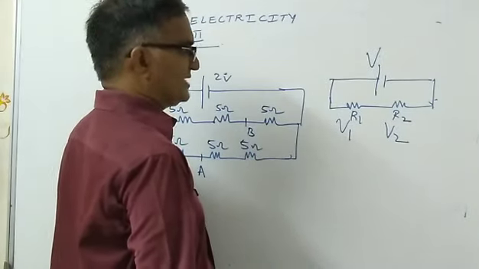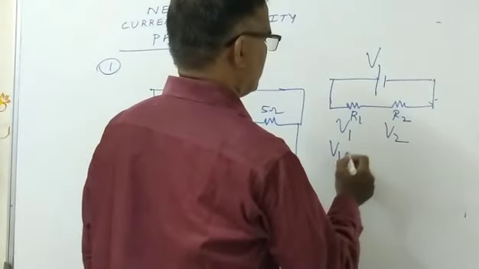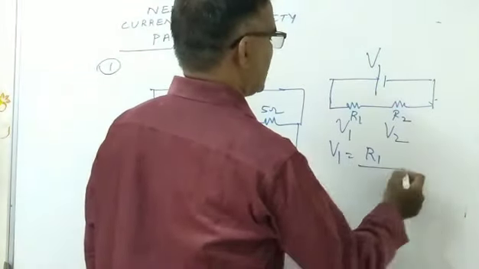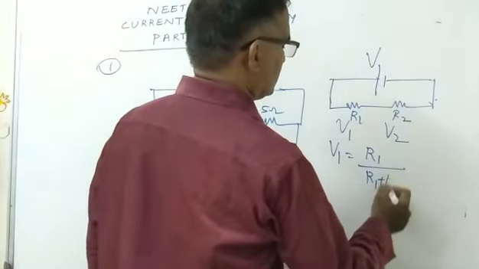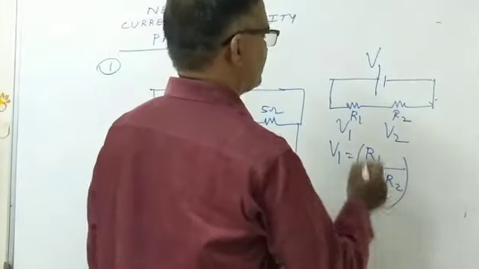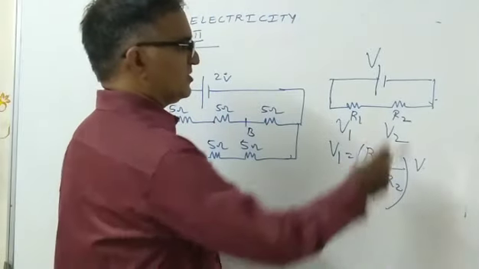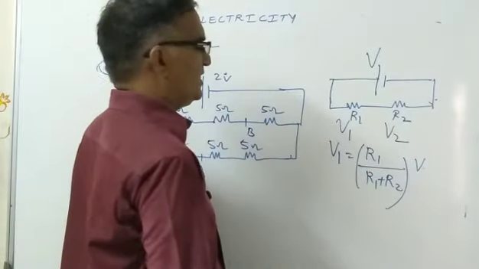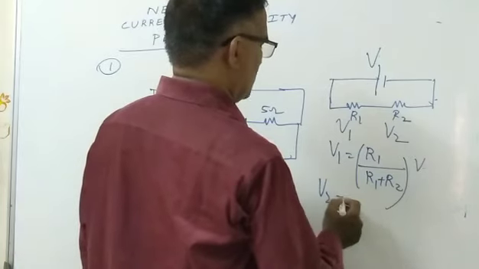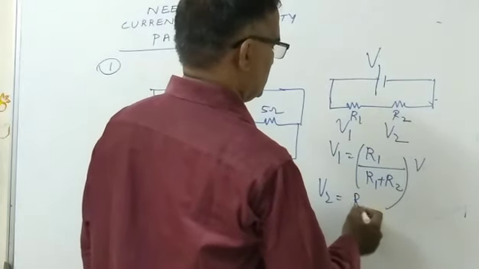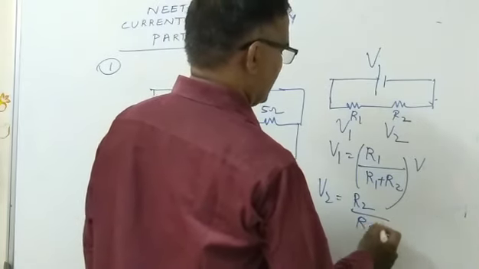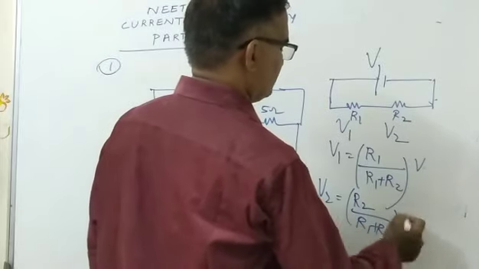Now for V1, if you want to calculate, you should take R1 by R1 plus R2 into total potential difference V. Suppose across R2 you want to find out, V2 is equal to R2 by R1 plus R2 into V.